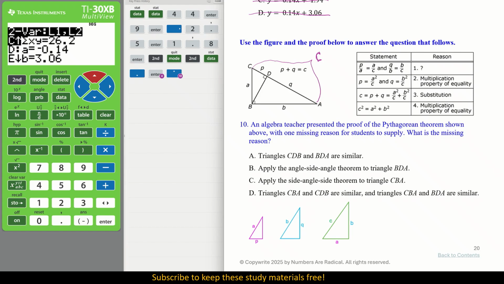The blue one is the medium-sized one, and that has a hypotenuse of B and a leg or height of Q. Then the green is the largest one, the outside of the right triangle, and that has C as the hypotenuse, B as the larger leg or the height, and A as the base or the smaller leg, which is generally how we present it, A, B, and C.